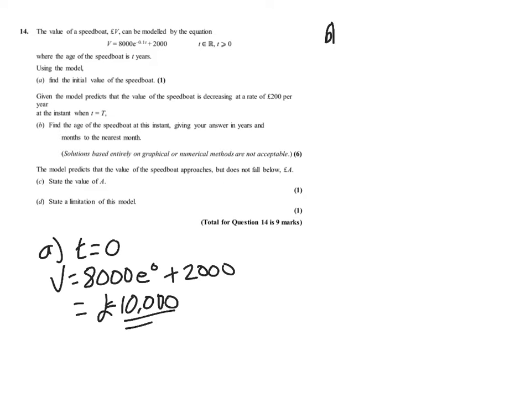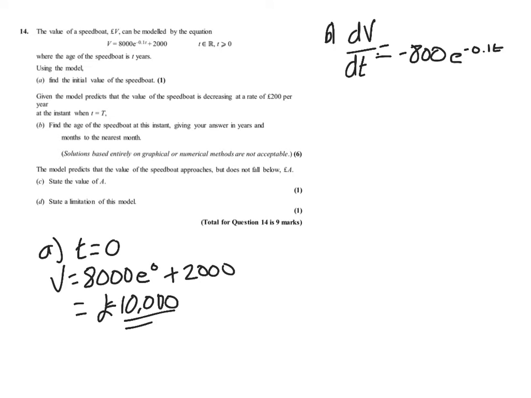Now let's look at B. Right, let's talk about the rate of change. It's decreasing. So first of all, we need dv dt. So you differentiate the model function and you would get negative 800 e to the negative 0.1 t.